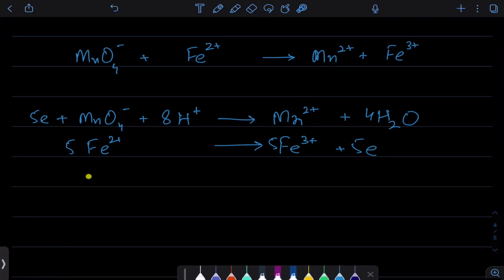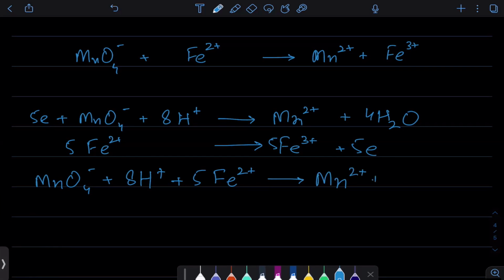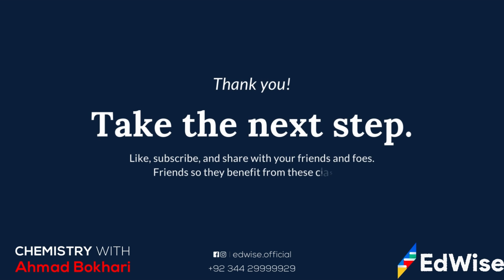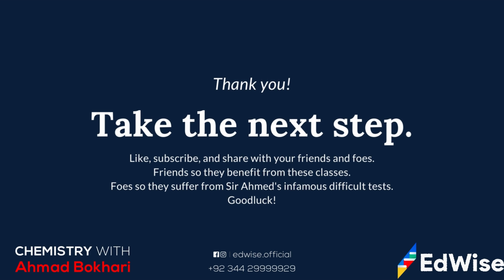And this one is +10 +15 -5 +10. It is balanced overall. So my overall equation is going to be manganate plus 8 H positive plus 5 iron 2 makes Mn plus 2 plus 4 water plus 5 iron 3. And it's balanced. All right.